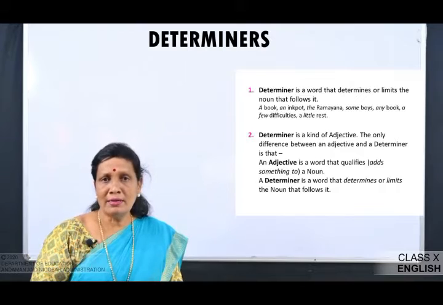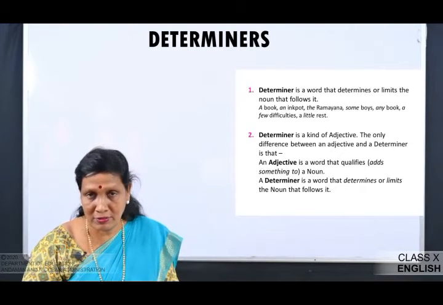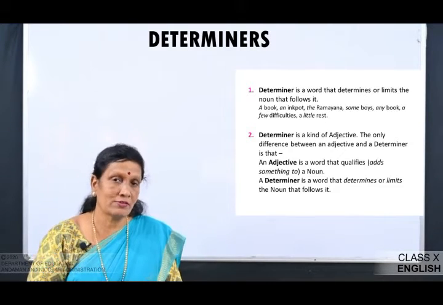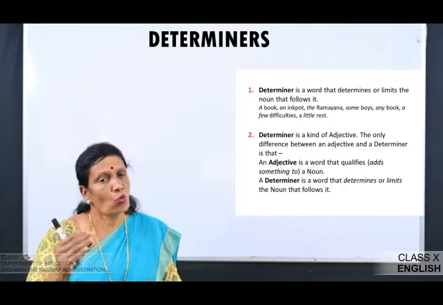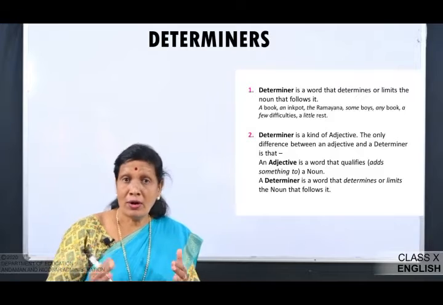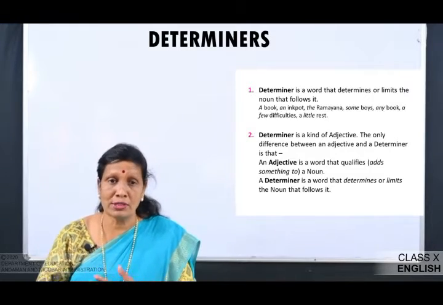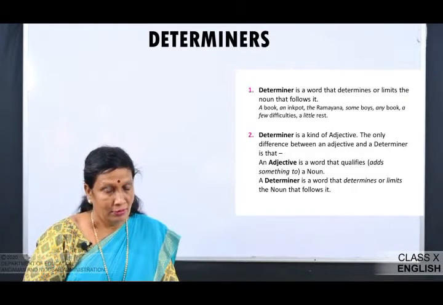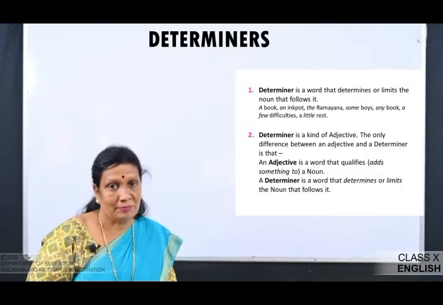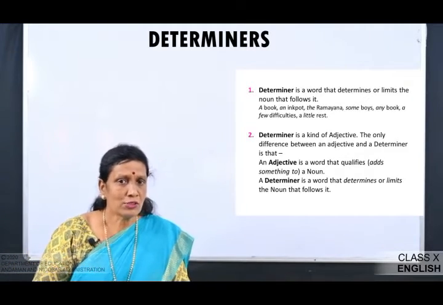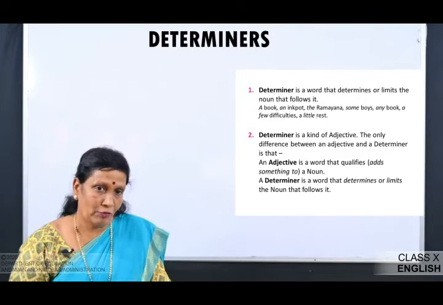Now, a determiner is also a kind of adjective, and we had discussed adjectives before also. Adjectives are words that qualify nouns, or tell us something about a noun. For example, Ram is an honest boy. So honest is the adjective.